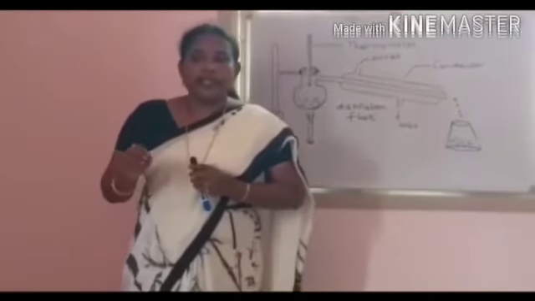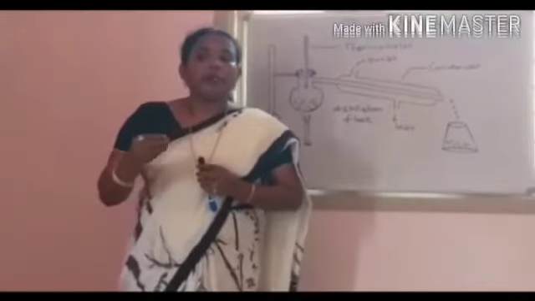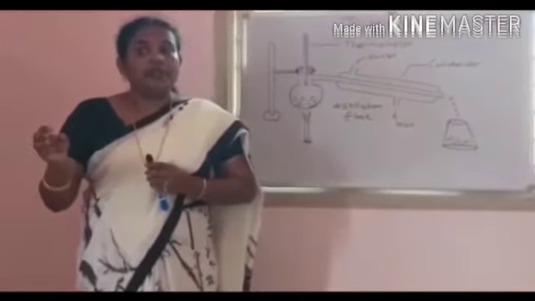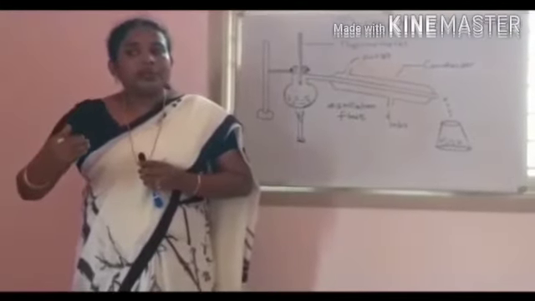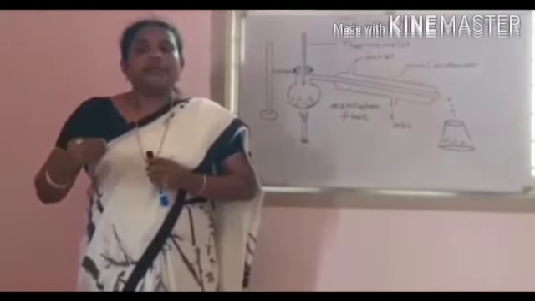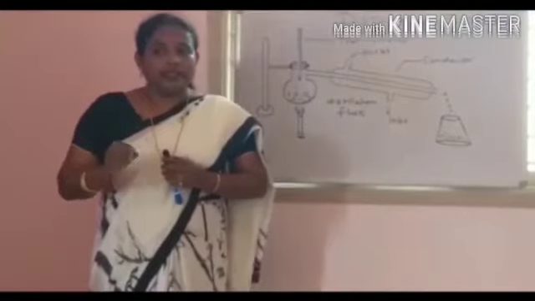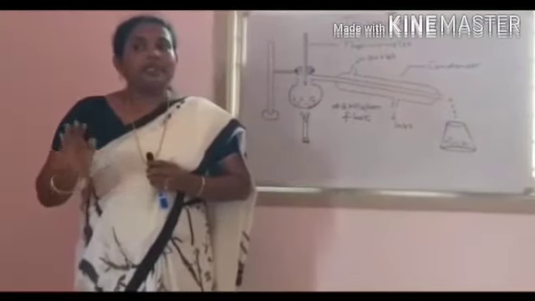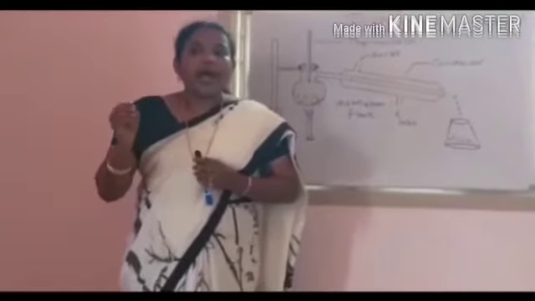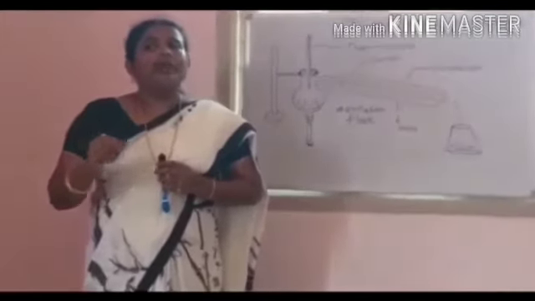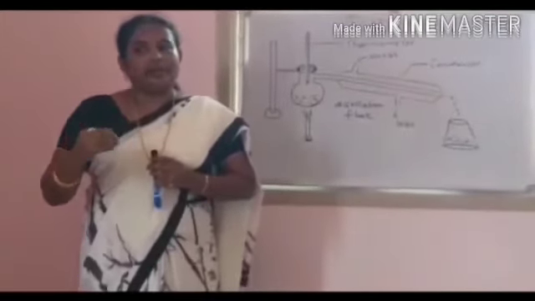Fractional distillation technique is employed to separate the liquids in a mixture whose boiling point difference is lower than 25 degrees Celsius. The apparatus setup for this method is similar to the simple distillation method. The only difference is we have a fractionating column in the fractional distillation method.